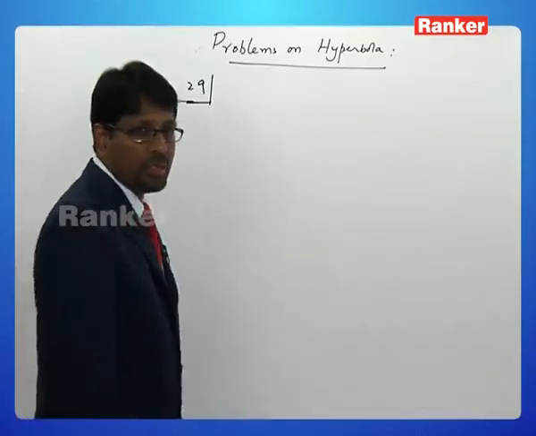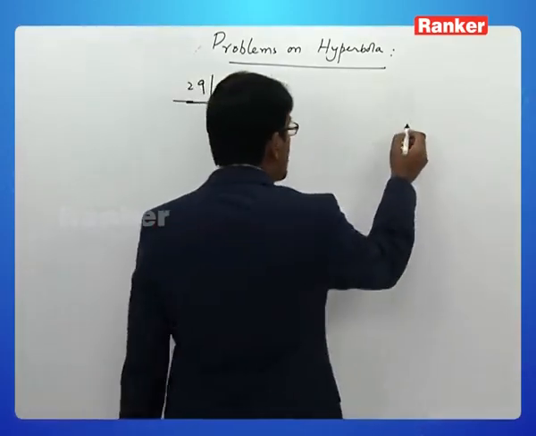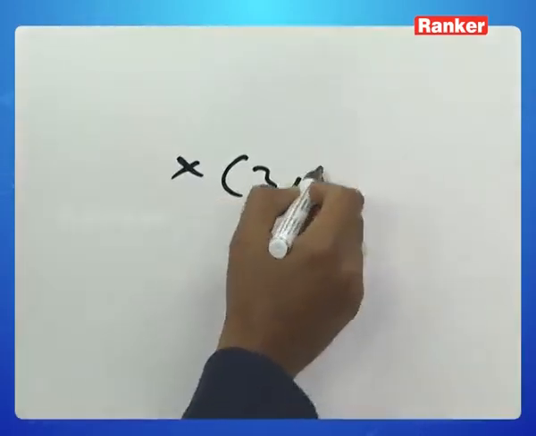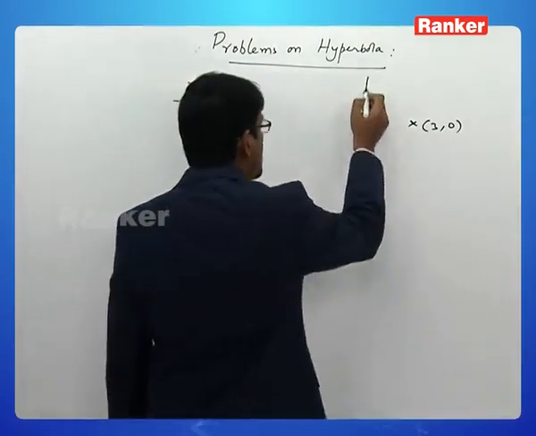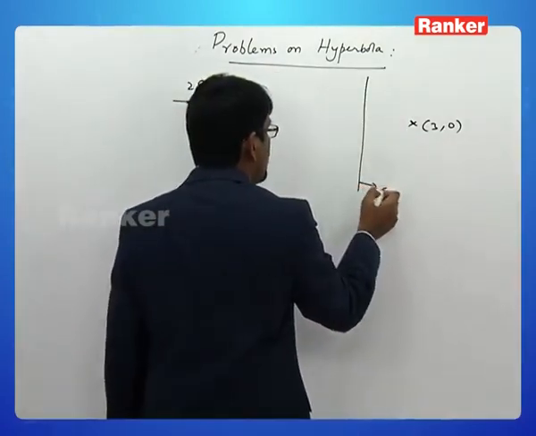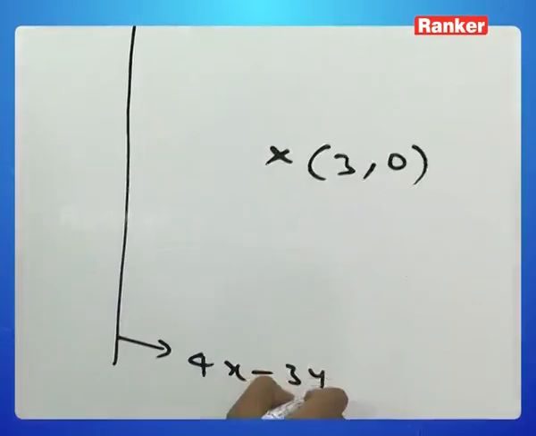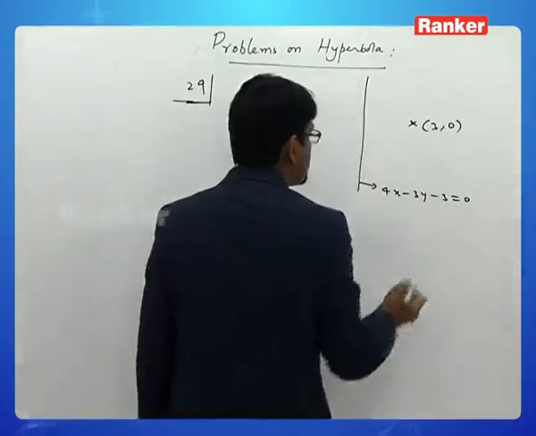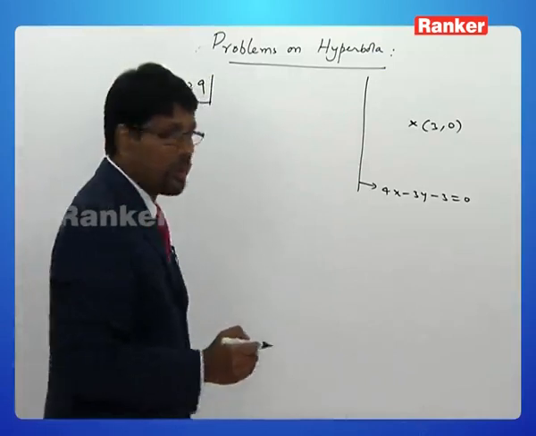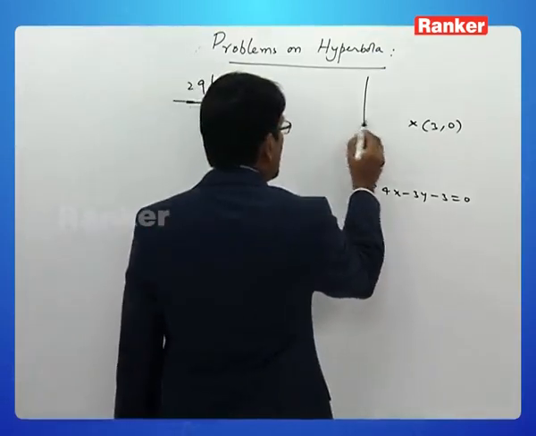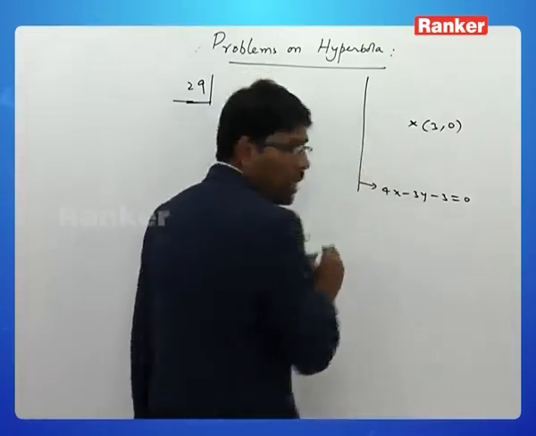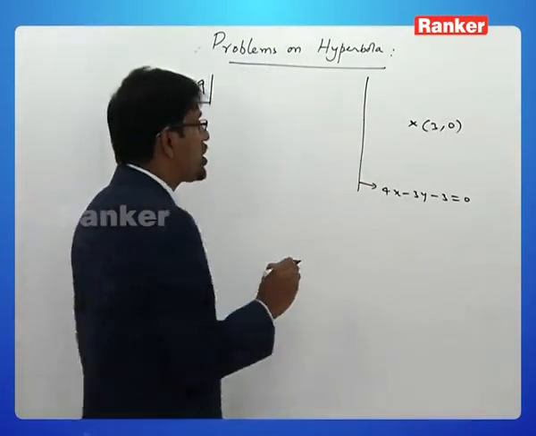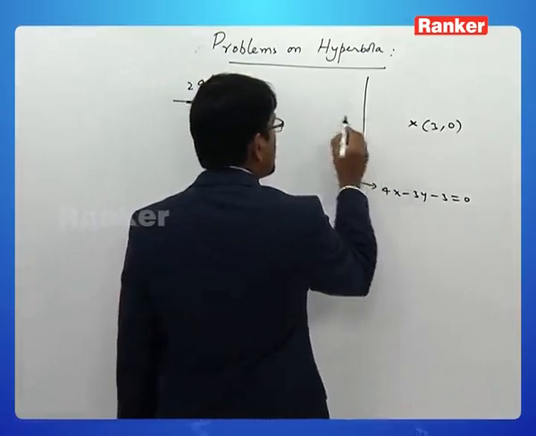Now we are given that one focus is 3, 0 and its corresponding directrix is 4x minus 3y minus 3 equal to 0. And also we are given that the eccentricity is equal to 5 by 4.